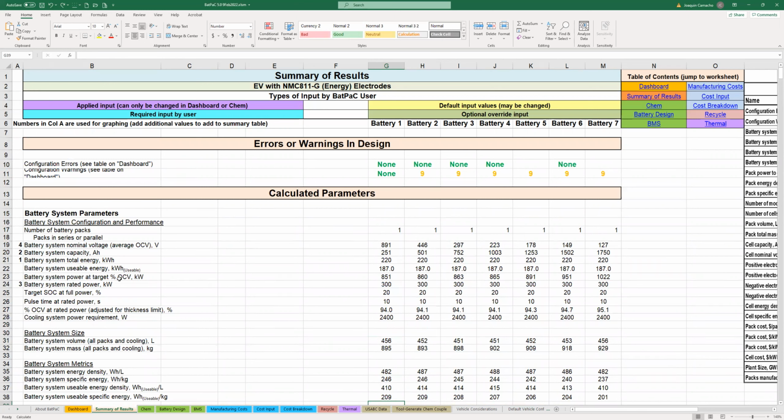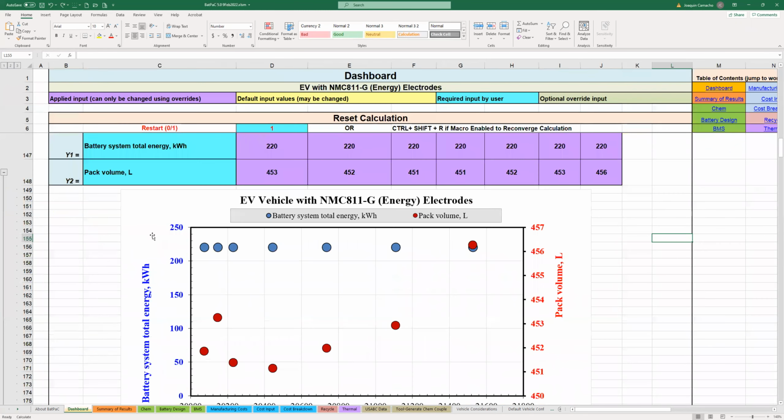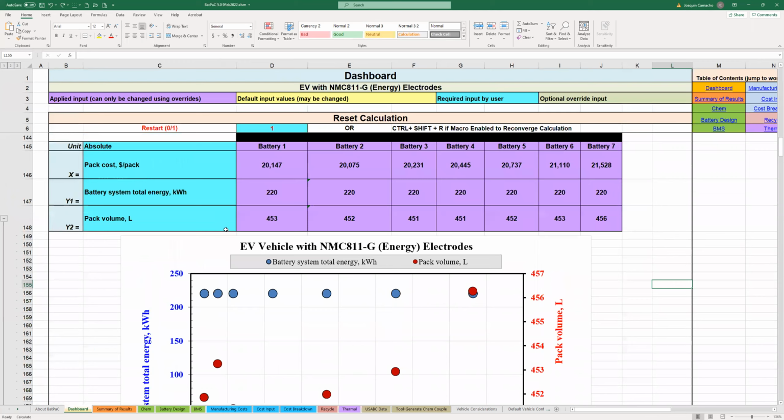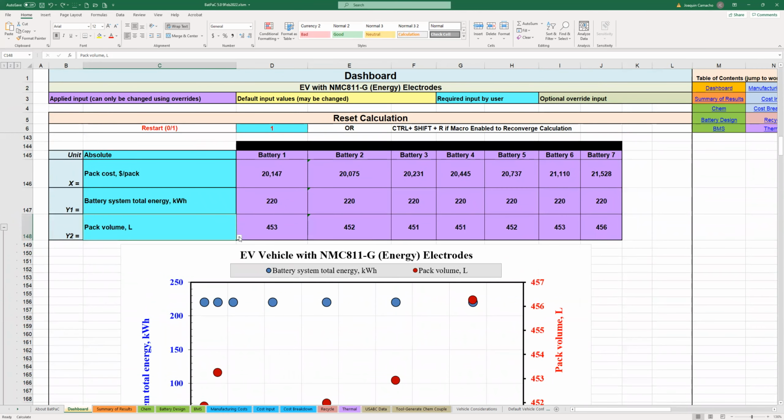Here's a power. That's here in the dashboard. So that's here as well. Pack volume. Pack specific energy.